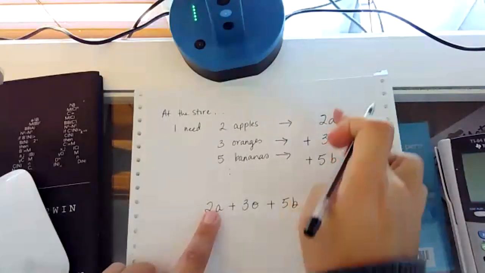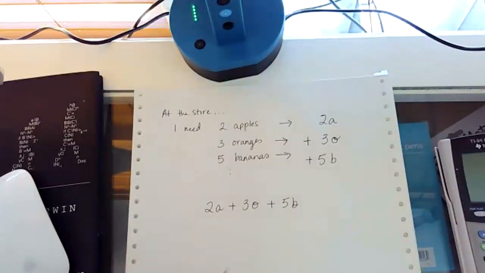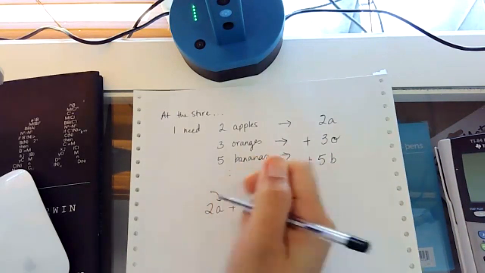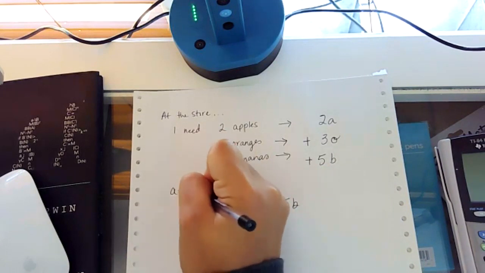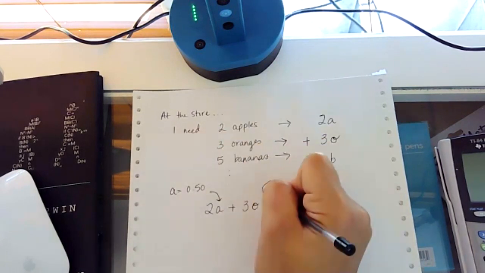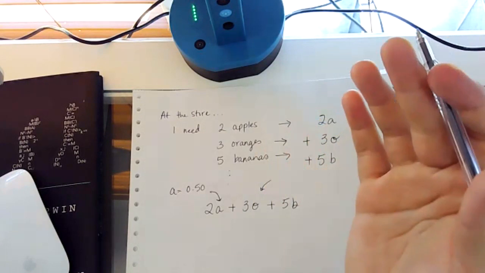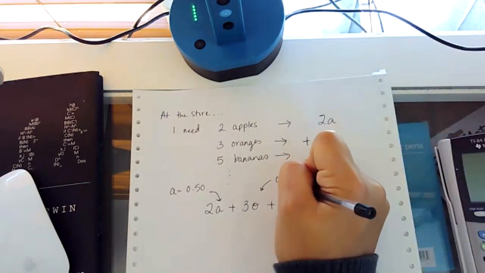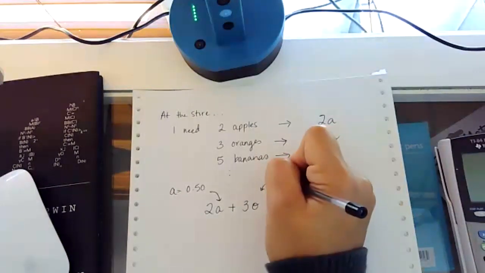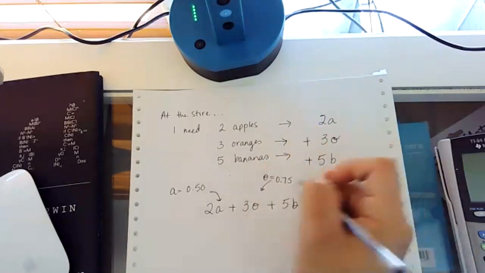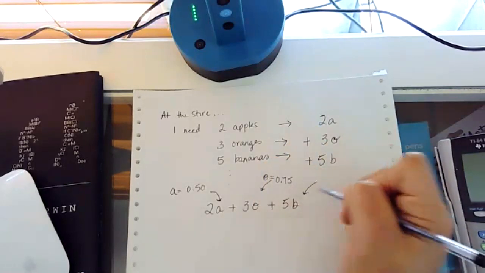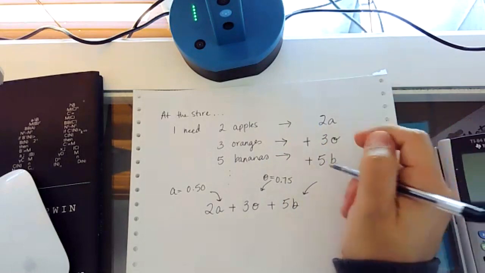And I can now go into the newspaper, find the ads for HEB, and figure out how much apples cost. Let's say that apples cost 50 cents. Let's say that oranges cost, these are really big oranges, so let's give them a cost of 75. So we might say O is equal to 75 cents. And then the bananas, I don't know, let's say they're $1 a piece.